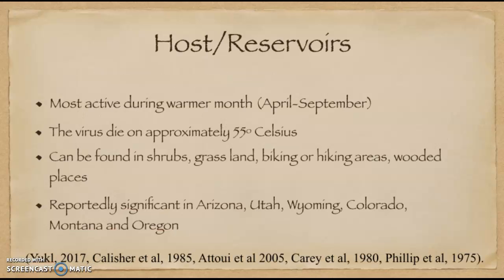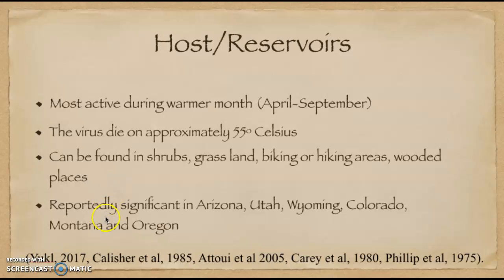The Colorado tick fever virus is most active during warmer months. The virus is inactivated at approximately 50 degrees Celsius. The tick can be found in shrubs, grassland, biking and hiking areas, and also in wooded places.